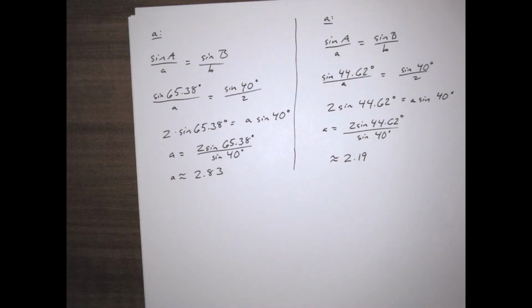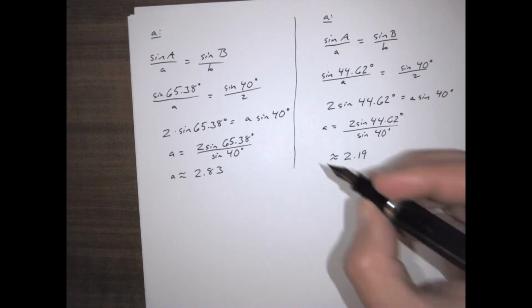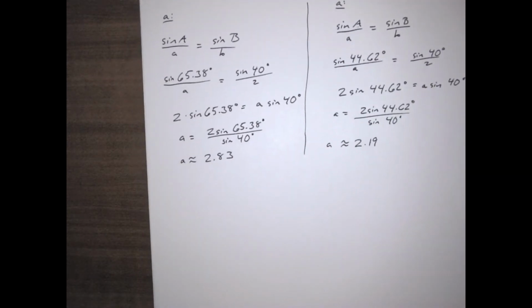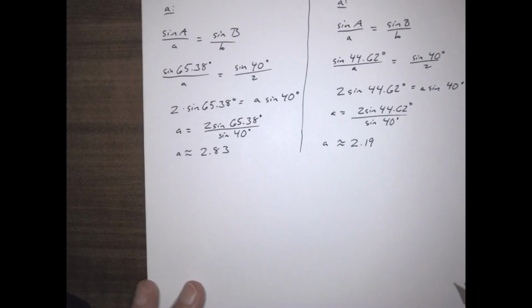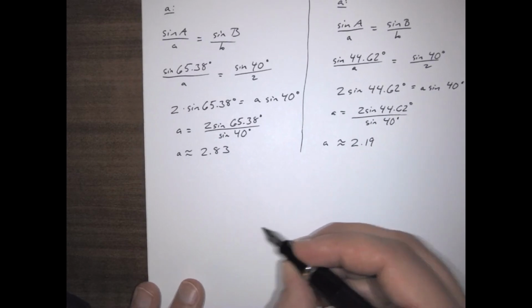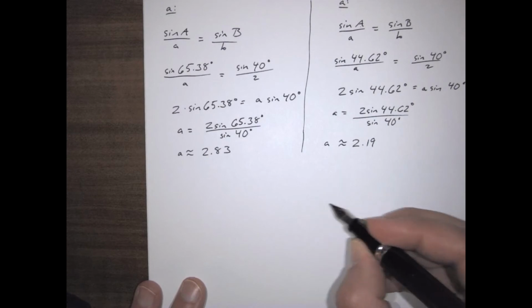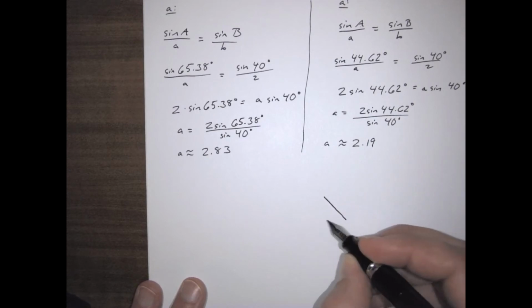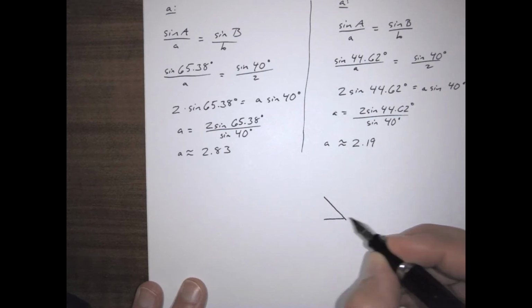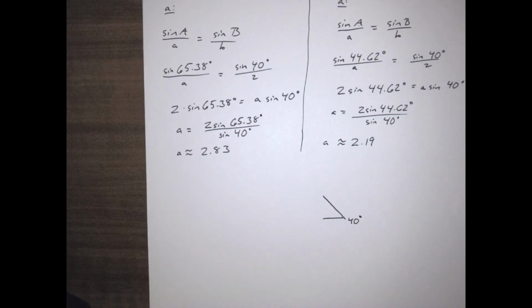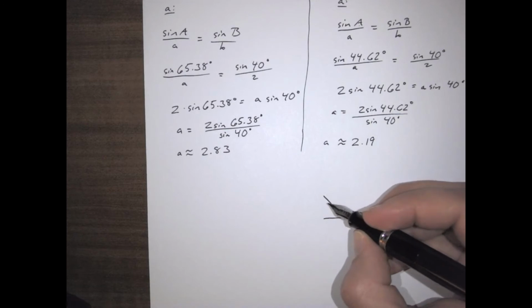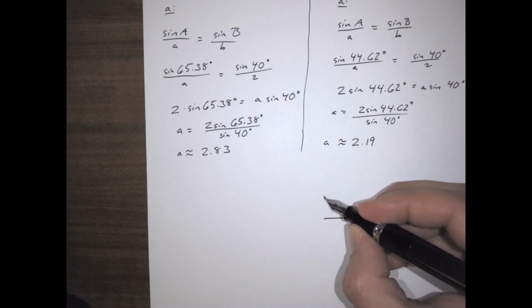Now, if you want to know what's going on here, basically the picture is that we have these two different possibilities, and it would look like this. Okay, so we'll start with B. So B is 40 degrees, so I'll draw that roughly. Then this side over here was known to be 2.